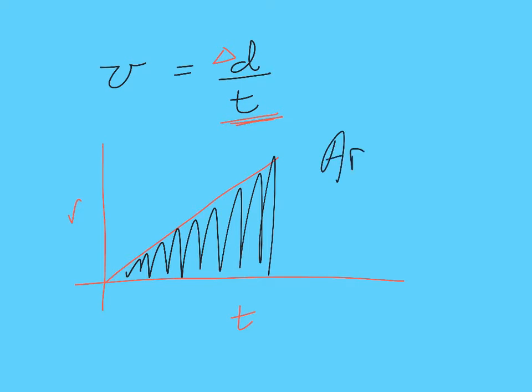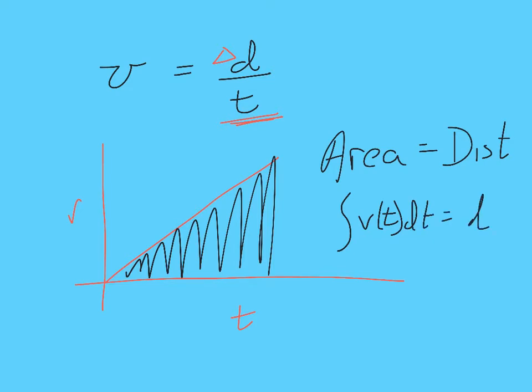So we said that area would equal the distance traveled by this particular object. Well, in calculus, area is the integral. So if we take the integral of the velocity function, let's say something like this, we are going to get the distance traveled by that particular object.